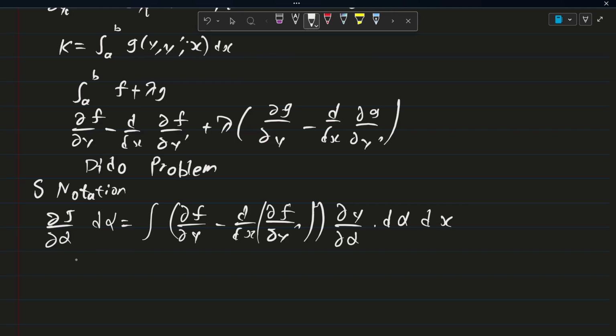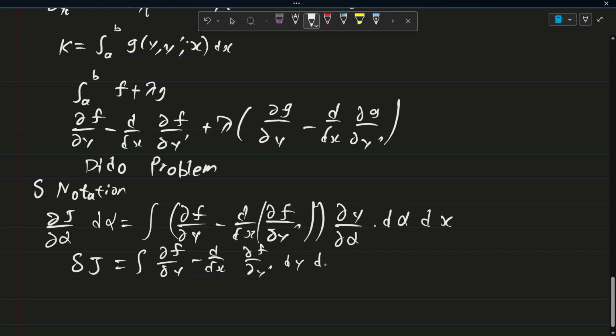So we can actually just cross out the partial alpha and the d alpha. So this is just delta j, and this is equal to the integral of partial f over partial y minus d over dx, partial f over partial y prime of dy dx. So the d in here is technically the delta because we are using the notation for the small change of alpha, there's the small change of y.